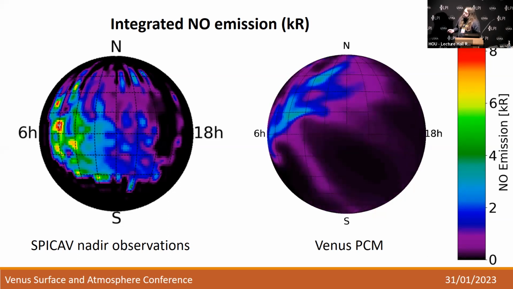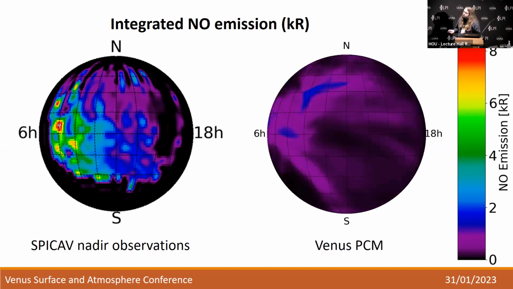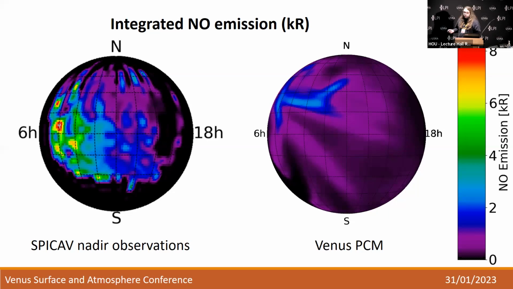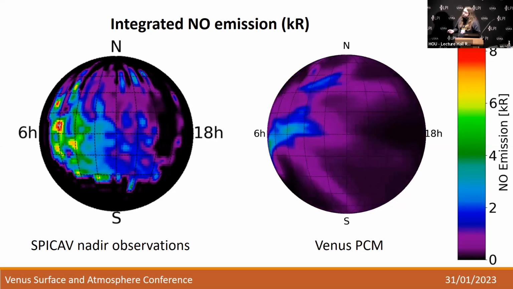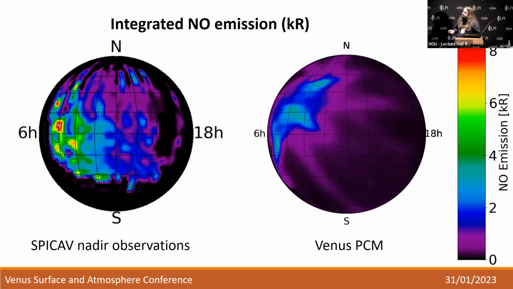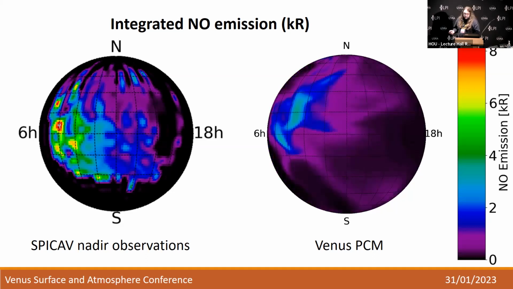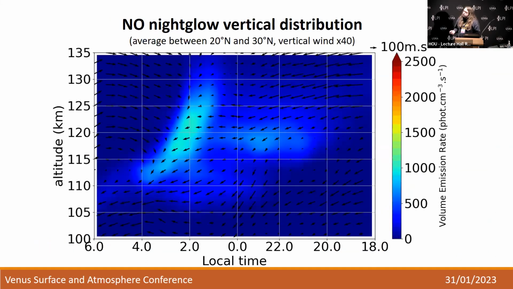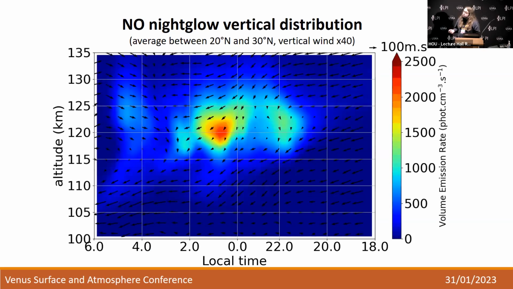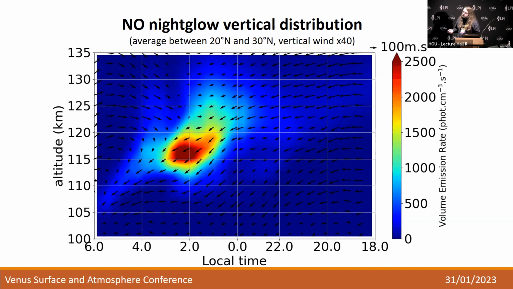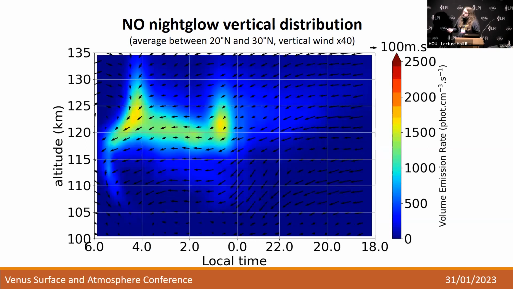The second result is this little animation, which shows the evolution of the nitric oxide nightglow every terrestrial day. What you can see there is a strong short time scale variability in the model that is also seen in the observations. When we focus on the vertical distributions, you can see the strong short time scale variability in the position of the nightglow, but also in the intensity.